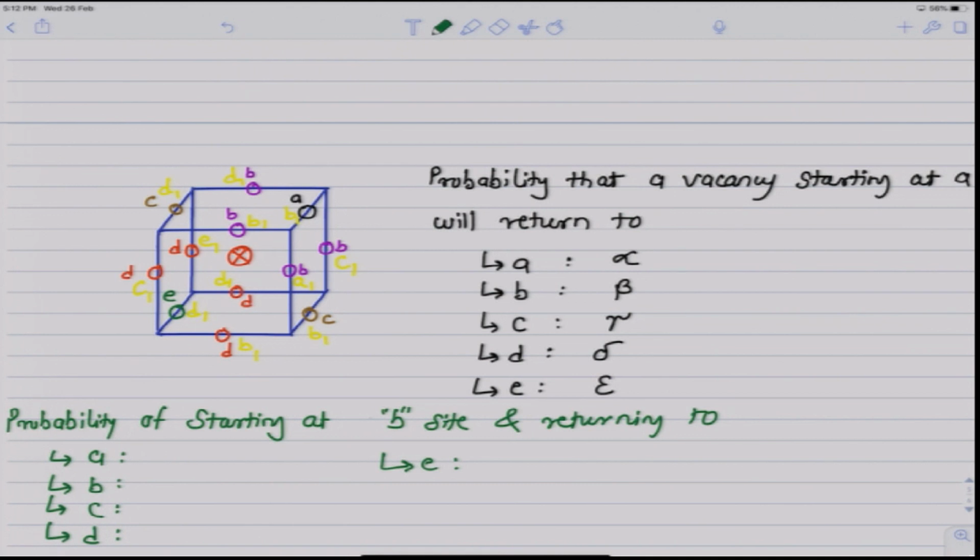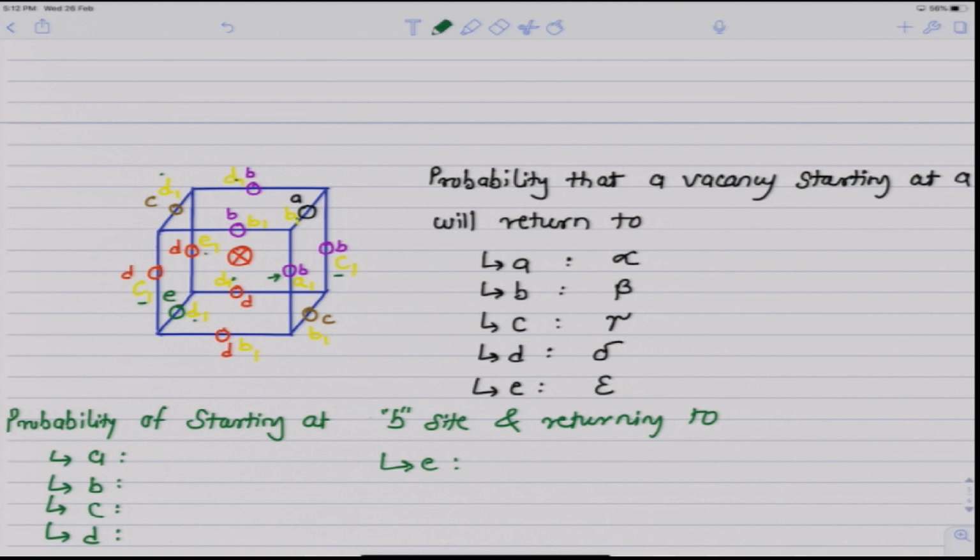So let us say this site B is now type A1. I have shown the new distribution with the yellow color here. So the 4 B sites are B1, B1, B1, B1. The 2 C sites are C1, C1. The 4 D sites are D1, D1, D1 and D1, and then E site is located here.